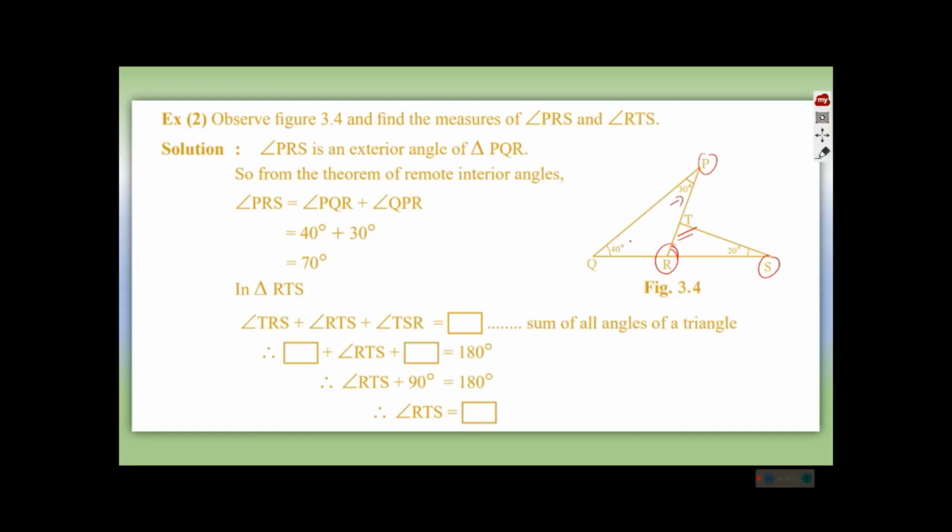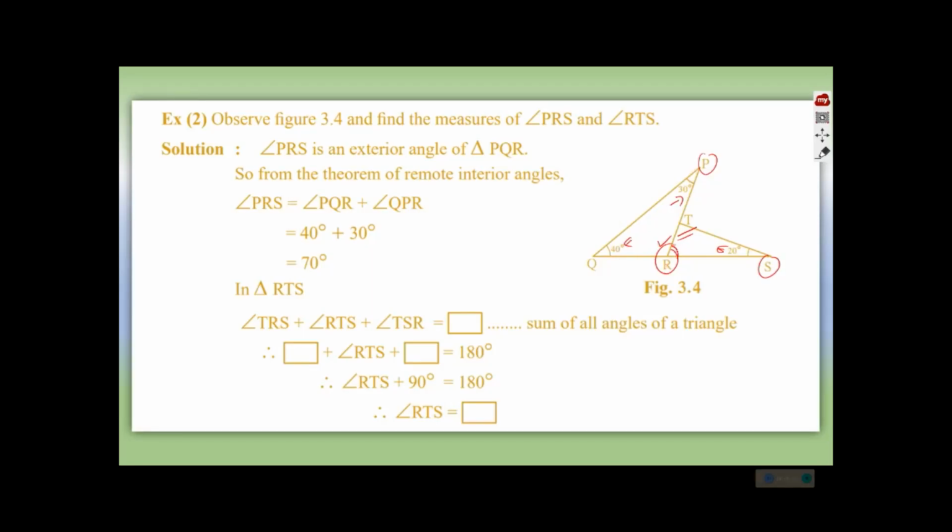Here it is given 30 degrees, here 40 degrees, here 20 degrees. On observation we can say that this angle, which is the third angle of the triangle PQR, we can simply write the measure of it. Why? Because this is a part of triangle PQR.